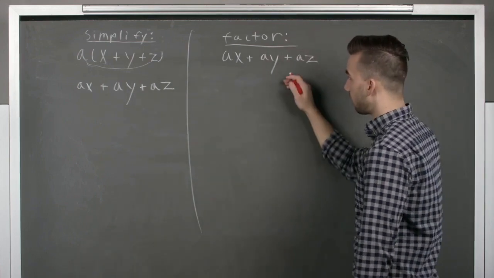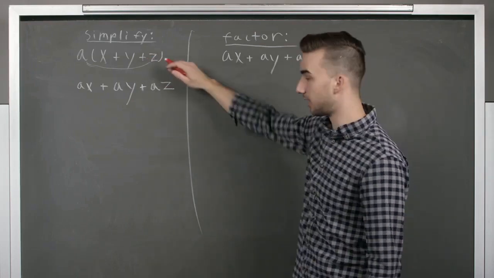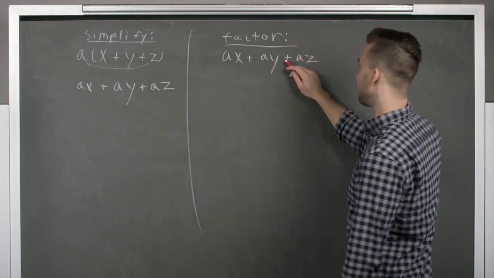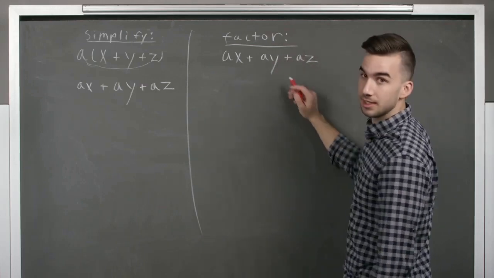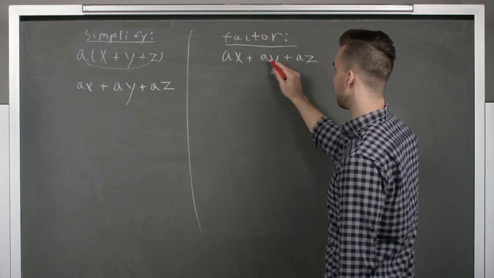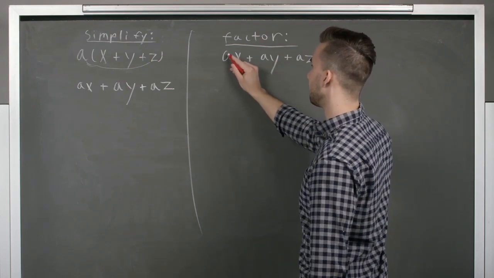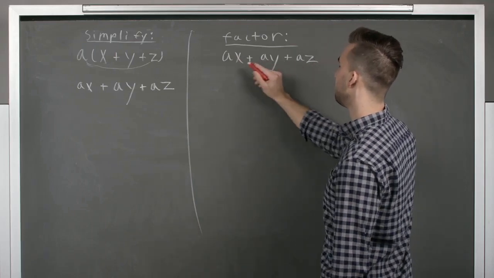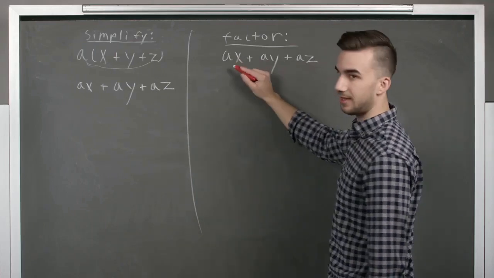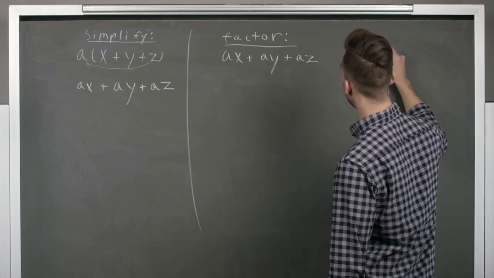So we want to get it back to its original state. But how do we do that? Well, what we do is we find what's in common with each term. If we look, they each have a letter a multiplied to them, so we can factor out the a. The common factor is a.